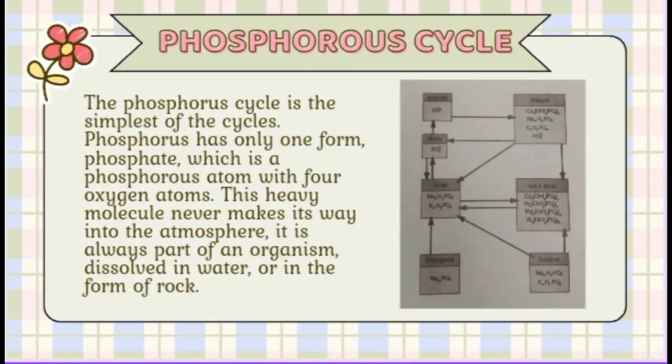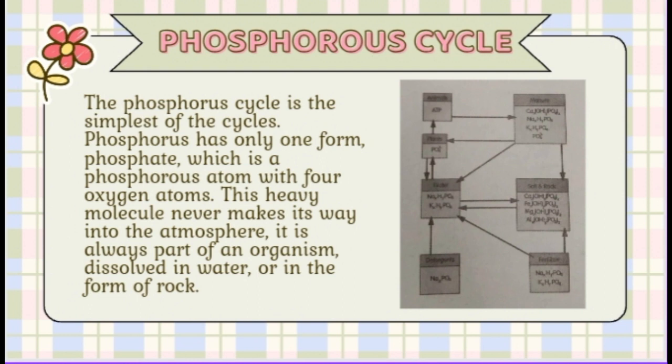The next one is the phosphorus cycle. The phosphorus cycle is the simplest of the cycles. Phosphorus has only one form, phosphate, which is a phosphorus atom with 4 oxygen atoms. This heavy molecule never makes its way into the atmosphere.